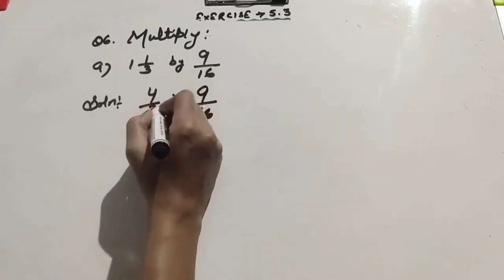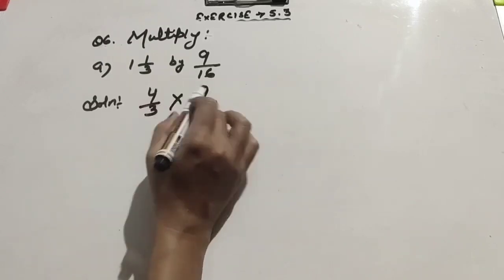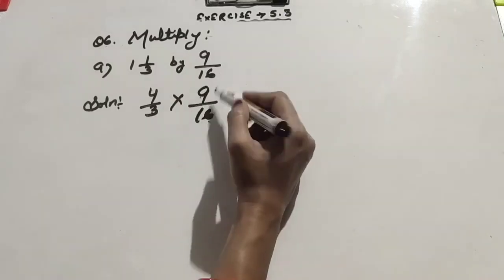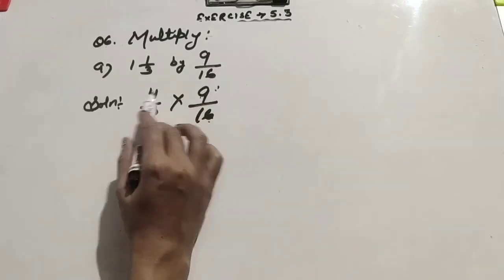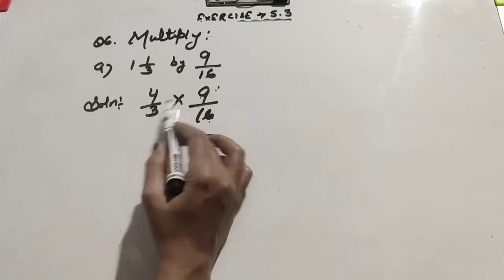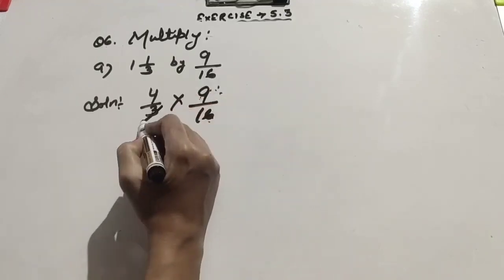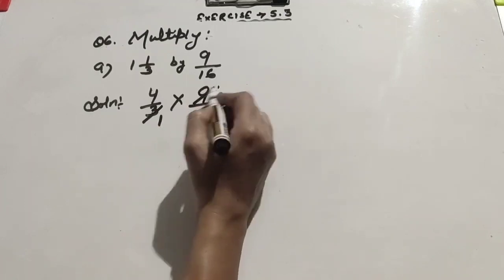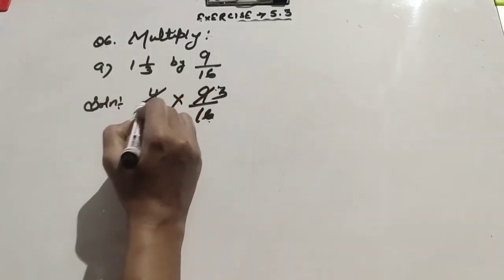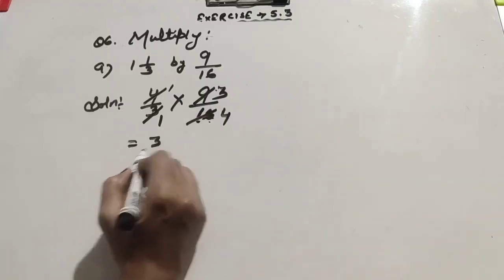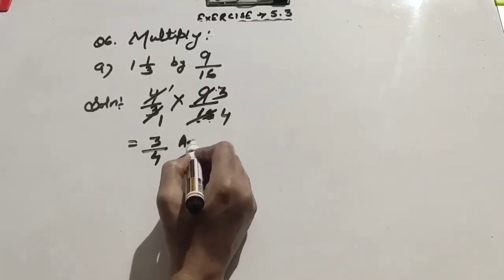If it is possible to use cross multiplication, we have to cut either up and down. Understood? Don't cut straight, either cut the cross multiplication way, or up and down. So in the 3 table, 9 will come 3 times, in the 4 table, 16 will come 4 times. It means 3 by 4 is your answer.